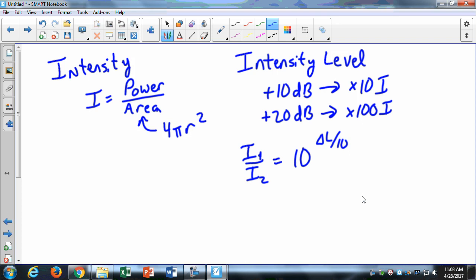So if I give you a decibel level that's different for two sounds, and I give you the intensity of one of the sounds, be able to tell me the intensity of the other sound. Okay? Y'all okay with this? Make sure you practice both of these things. Decibels are sometimes difficult for students, but if you can do these things, you should be good to go.